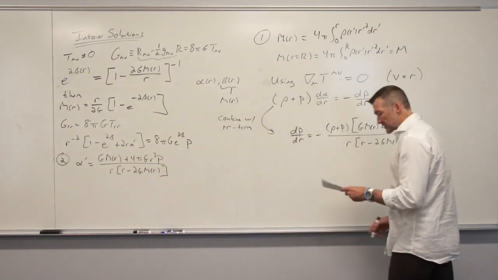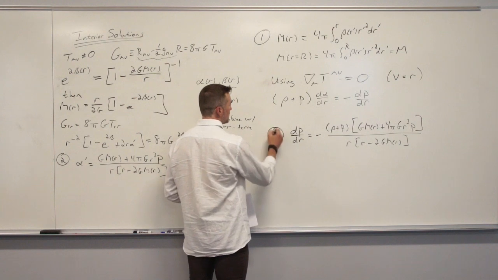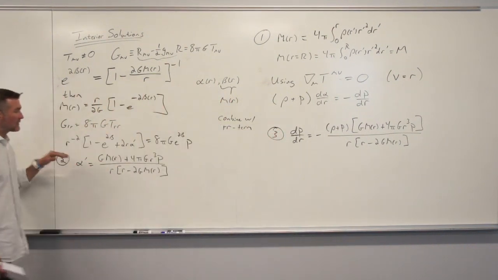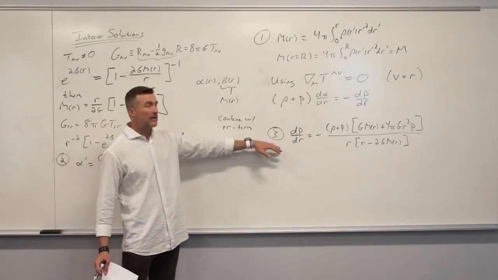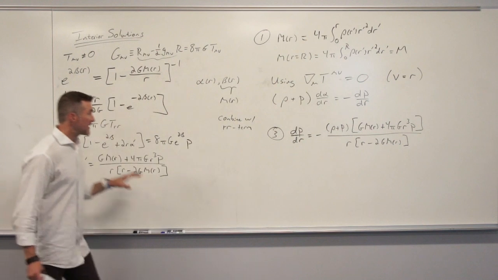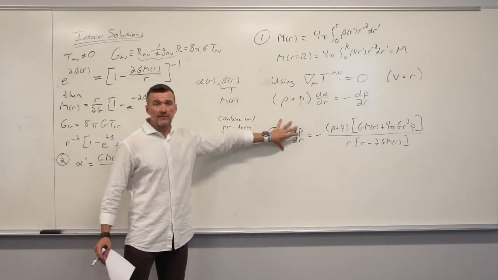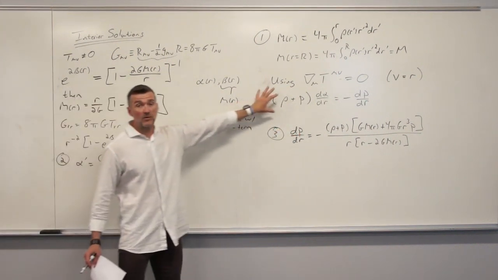This expression, which I'm going to lovingly call 3, notice I am free to use 3 and 2 to solve something because although I got 3 from energy momentum conservation in conjunction with this, it still has extra information over what this equation has because it's got the energy momentum stuff in it.